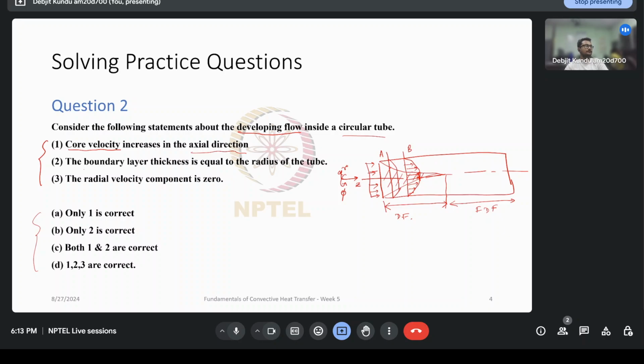So here also it will increase from the starting, which let's call that section O. So the core velocity, I'll call that VC, at O is less than what it is at A, and that is even less than what it is at B. So as we move forward in the axial direction, the core velocity increases. So which is why statement 1 is true.